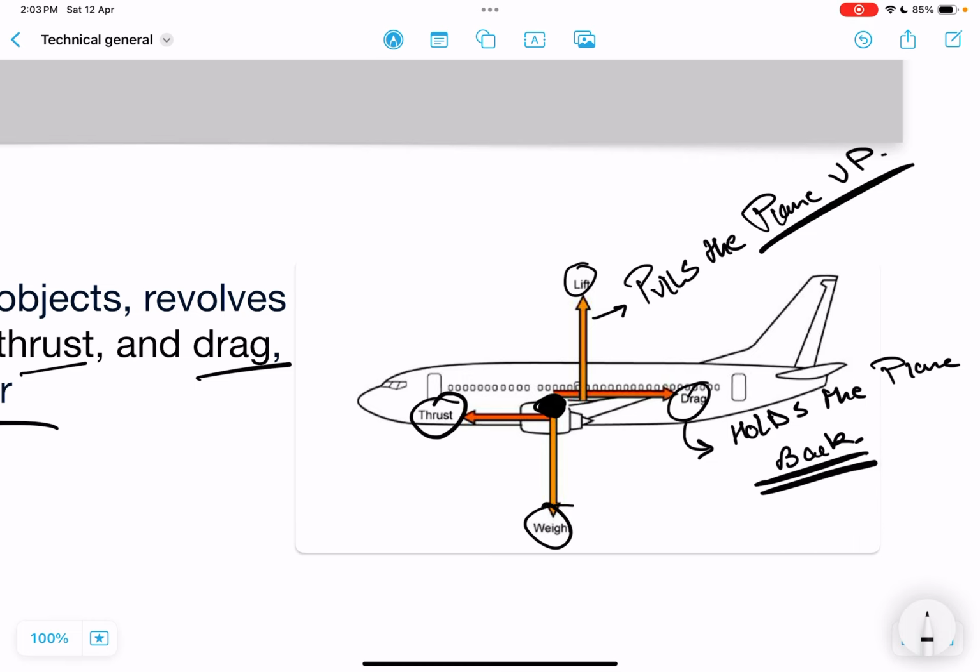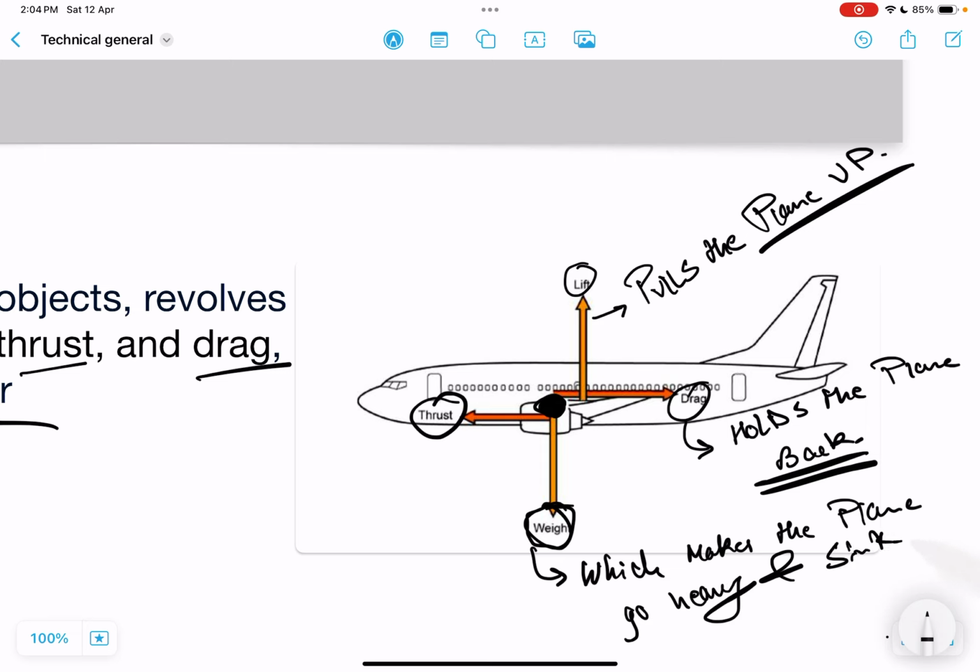We're talking about the plane, not something else, if you're wondering. So what is weight? Which makes the plane heavy and sink.